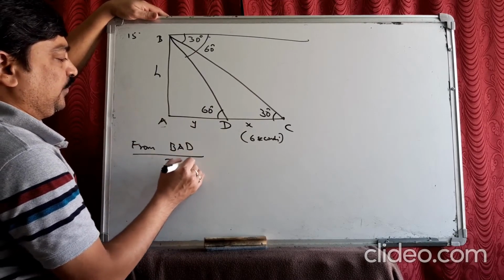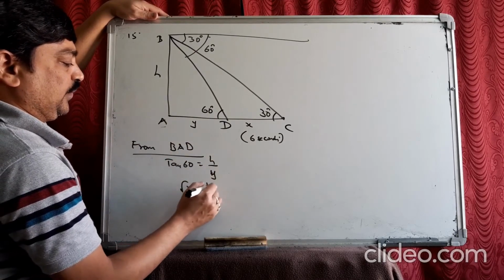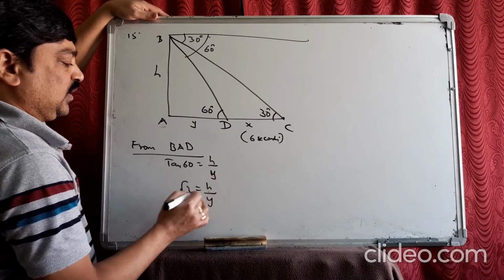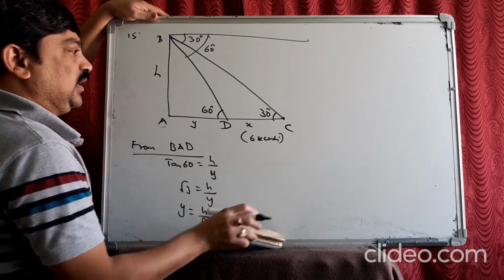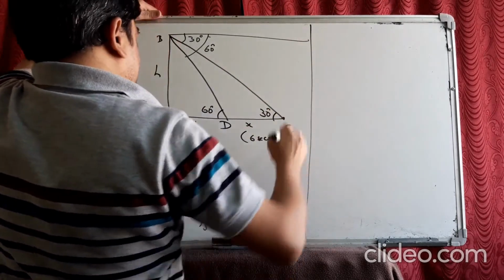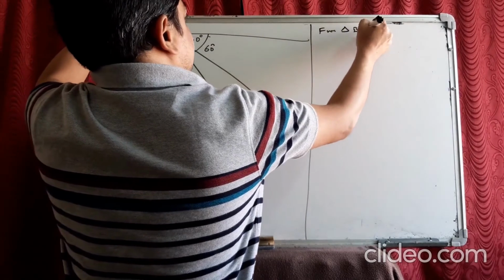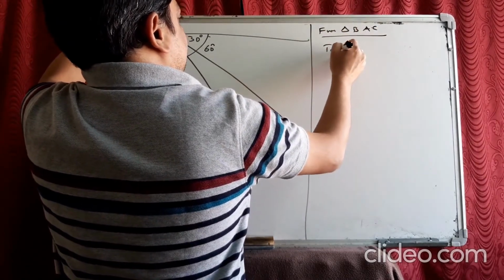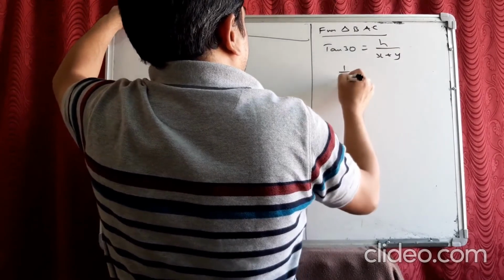tan 60 is h by y. So it is root 3 equals h by y. So y is h by root 3. In the same way, from triangle BAC, tan 30 is h by x plus y equals 1 by root 3.